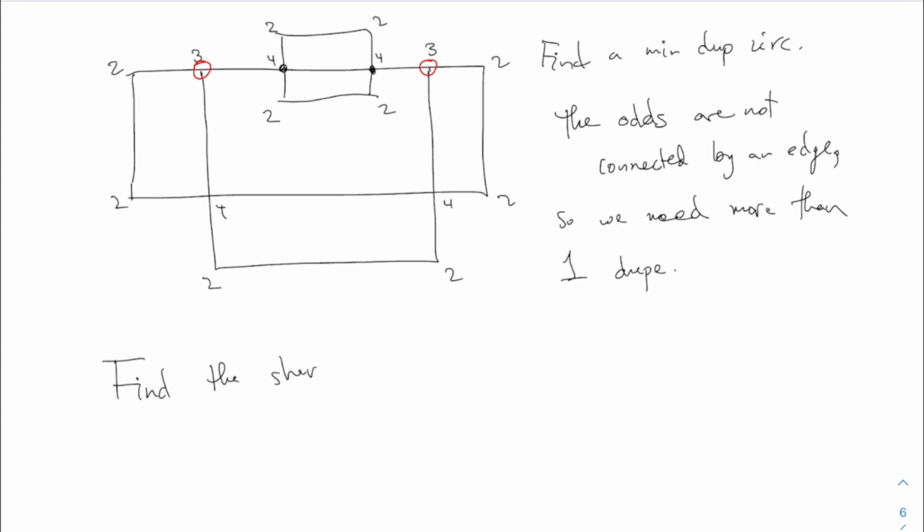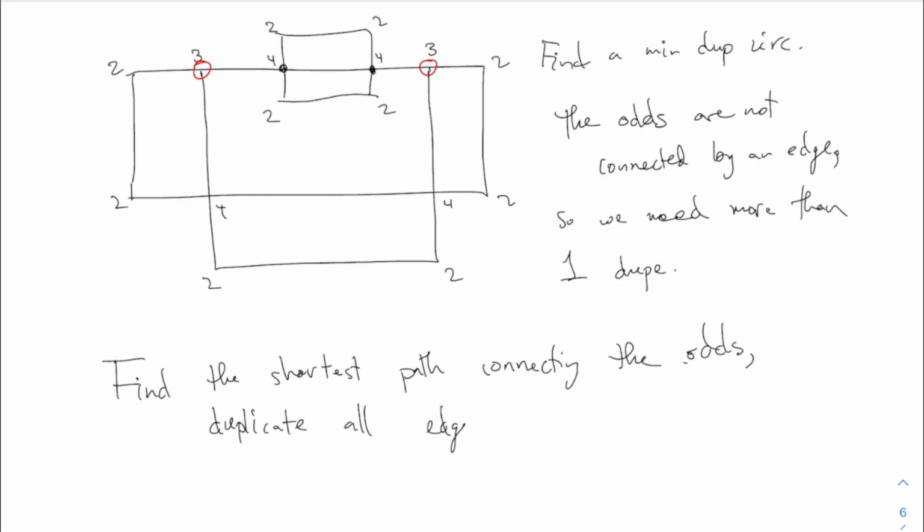Find the shortest path connecting the odds up. Connecting the odds. All right. And then duplicate all edges along that path. All right.